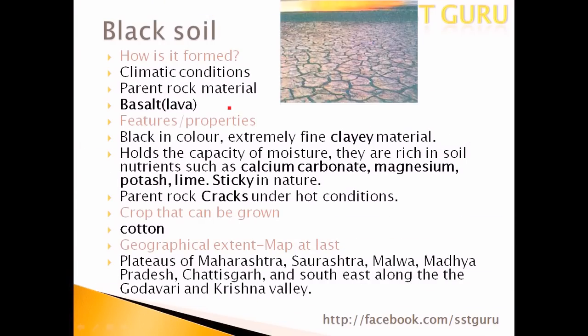Now coming on to the next most important soil, that is the black soil. This is the very image of the black soil, and let us start with the first point. How is it formed? It is formed basically because of the climatic conditions. There is no action of river here, just the climatic condition. And the parent rock material matters here the most, and it is basalt or lava.